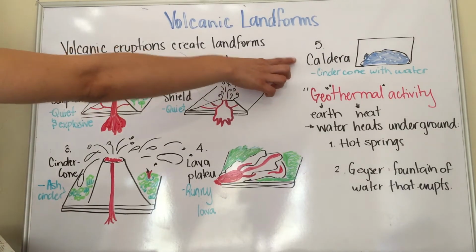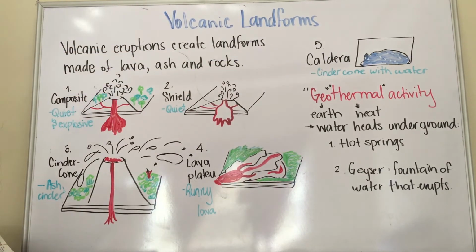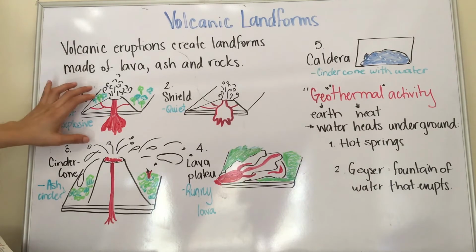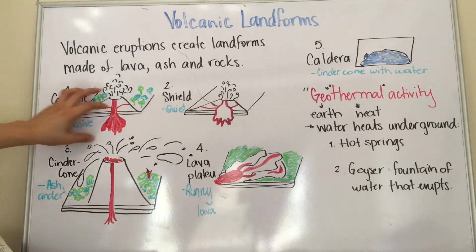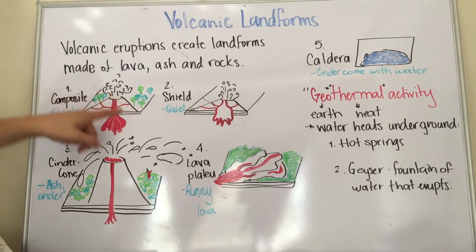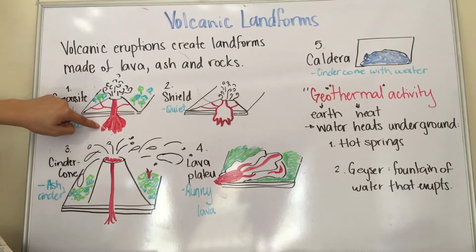The fifth one we have is called the caldera. A caldera is when a composite volcano exploded, and that explosion was so big that it destroyed the whole landform, and the area where the magma chamber was.